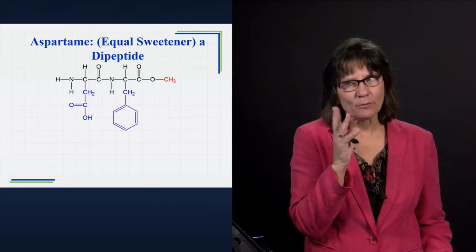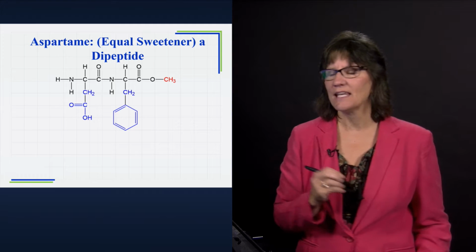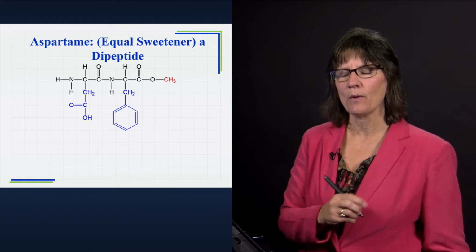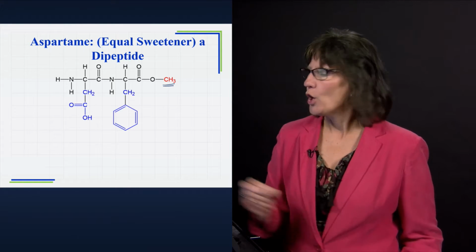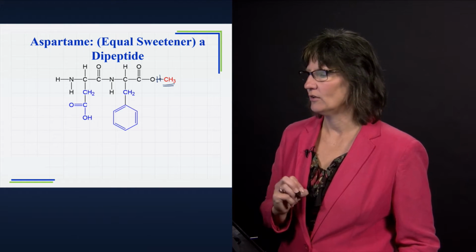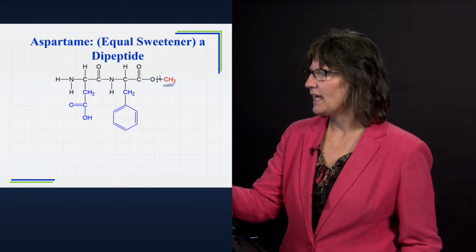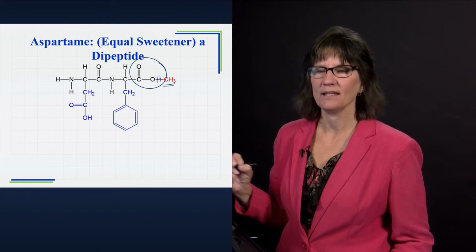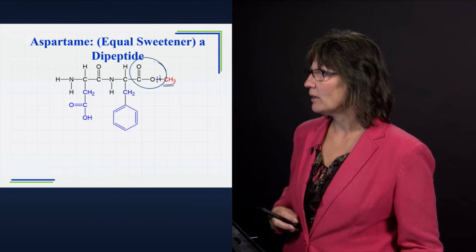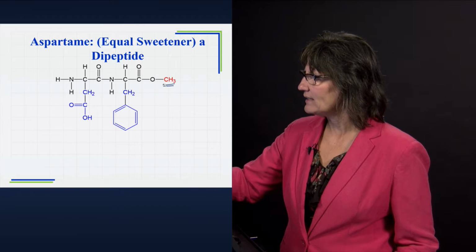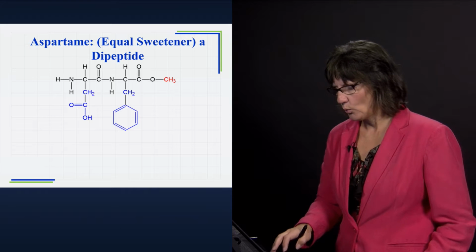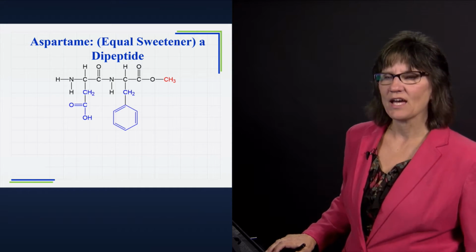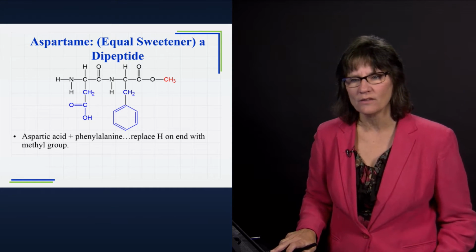Now, it is a little bit more than that, because if it were truly just two amino acids, we would not have a methyl group here. We would have a hydrogen here. It would be an amine on this end, and it would be an acid on this end. But it's a dipeptide, except we have replaced an H there with the methyl group. So this has a strong sweet flavor for us.